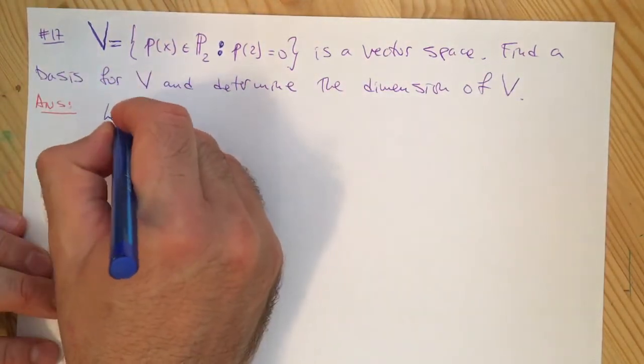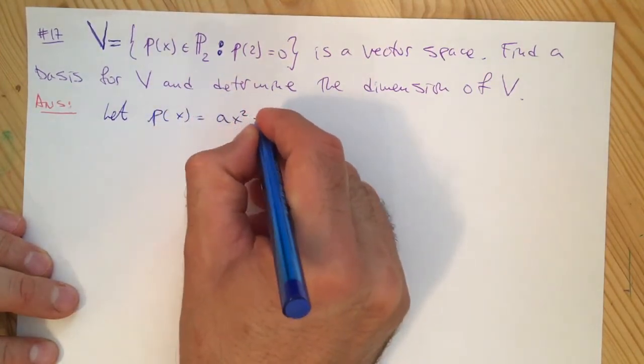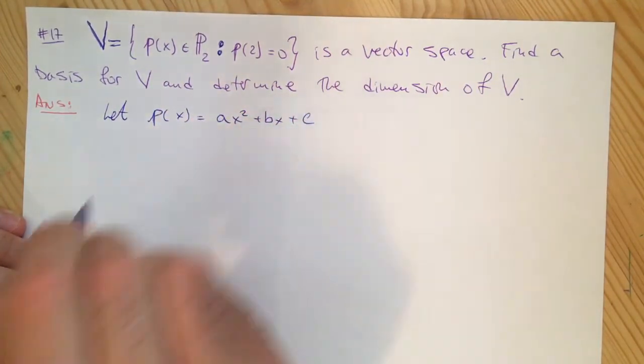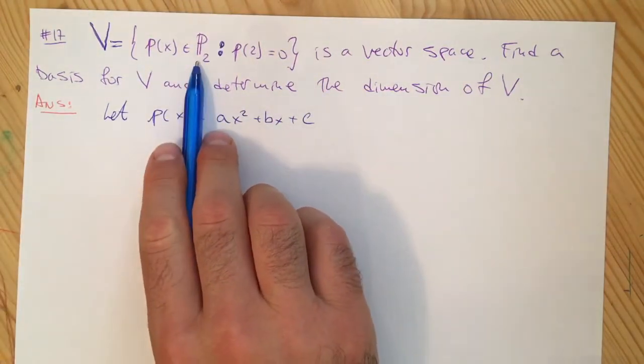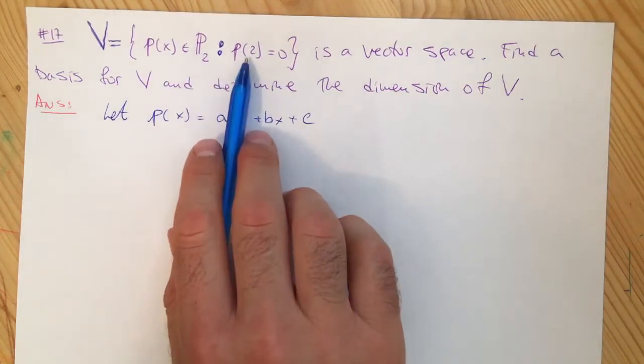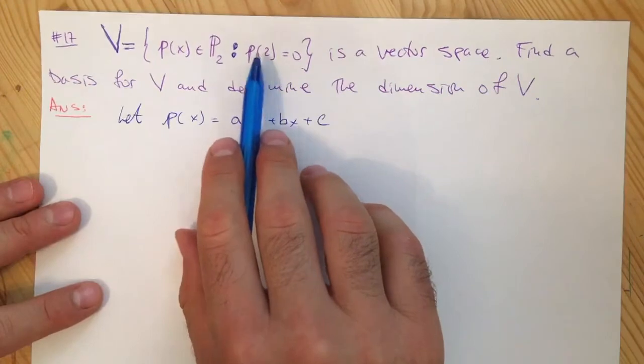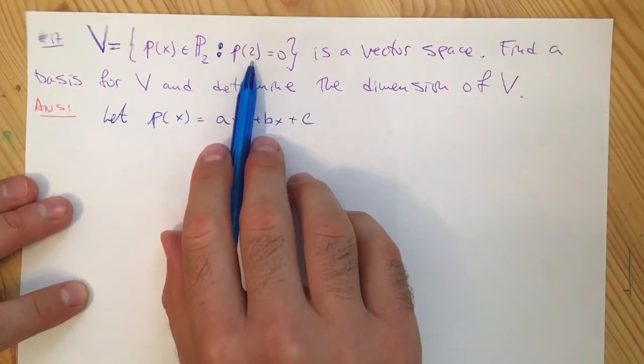So let p of x be equal to ax squared plus bx plus c, a quadratic polynomial. And now you have to make sure that this polynomial belongs to this vector space, in other words, that it satisfies the given condition.